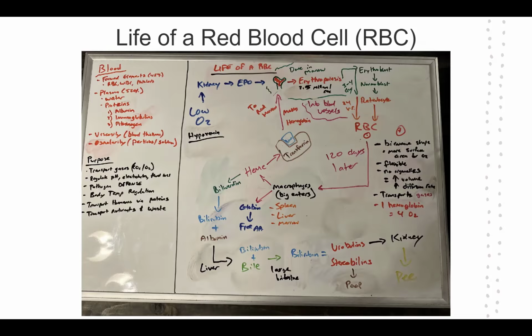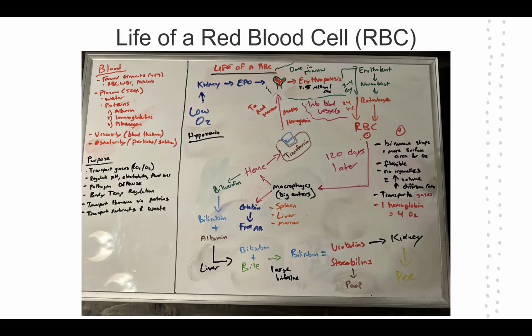Let's just say you decided to start working out a lot. That low oxygen condition will trigger the kidney to release EPO, or erythropoietin, and that will go to your bone marrow to start the process of erythropoiesis, which is the development of red blood cells.